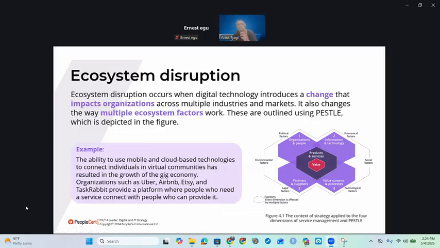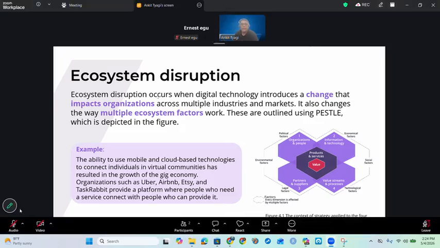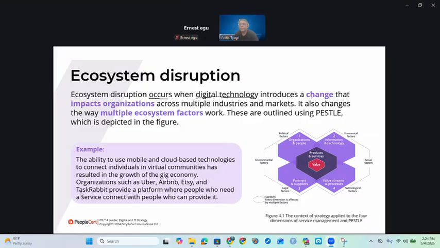Ecosystem level disruption. Now, remember the keywords again. They say it occurs when digital technology introduces a change that impacts organizations across multiple industries and markets.